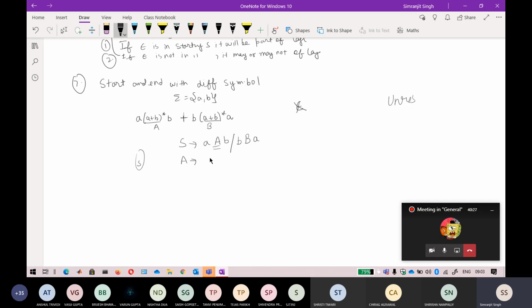If you define a, you will go like this. I don't think you want to use another variable, because this is a plus b star and this is also a plus b star. So use a here. It will be very beneficial to you if you use a here.